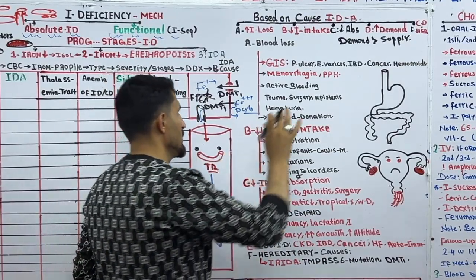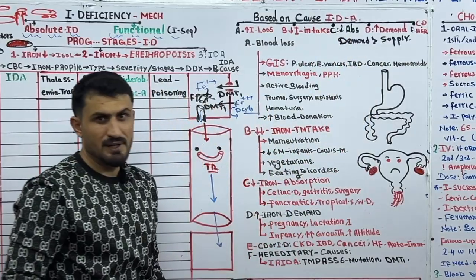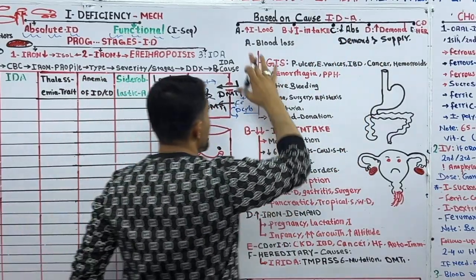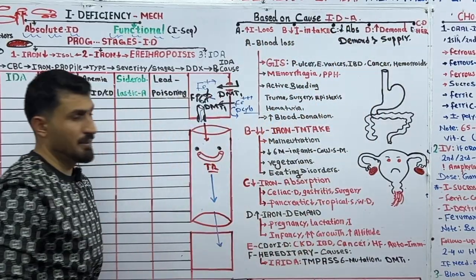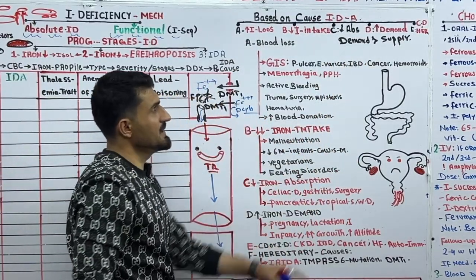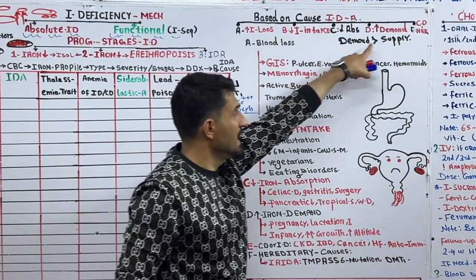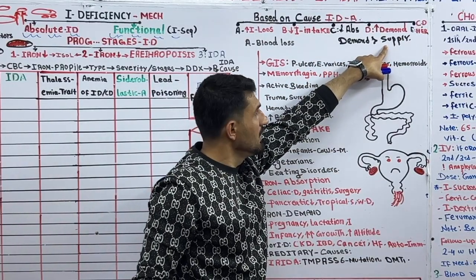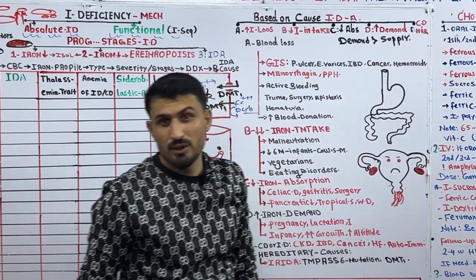In these two situations, I develop iron deficiency anemia. So of the things I'm now talking about, some of them increase demand in our body, and some of them decrease the supply to the bone marrow.